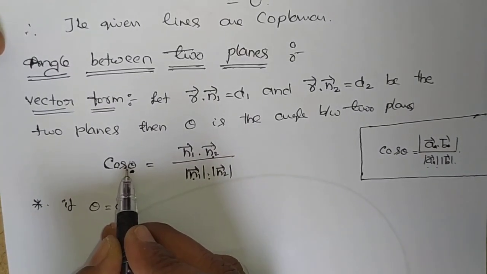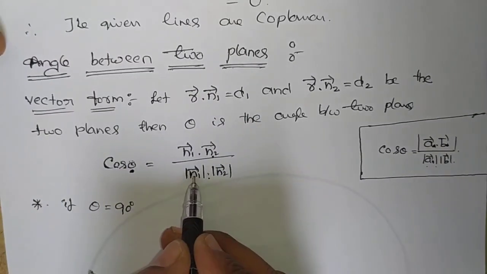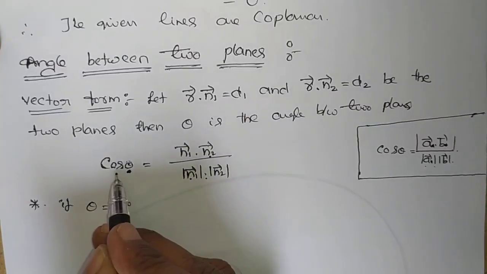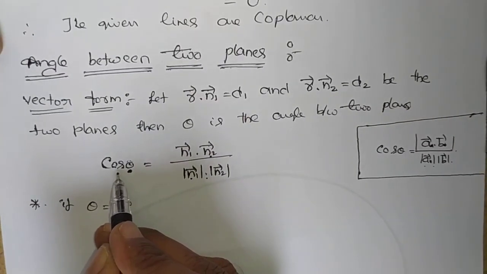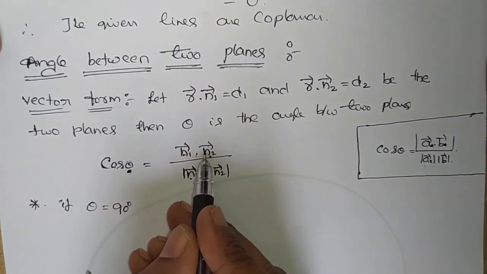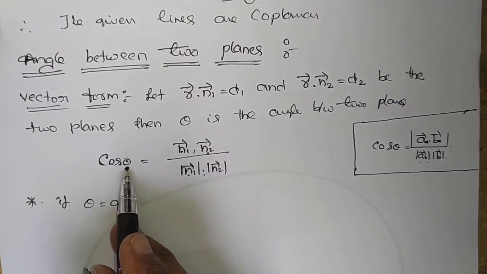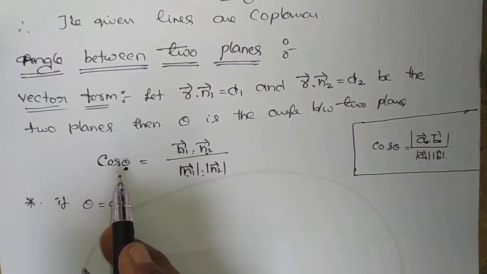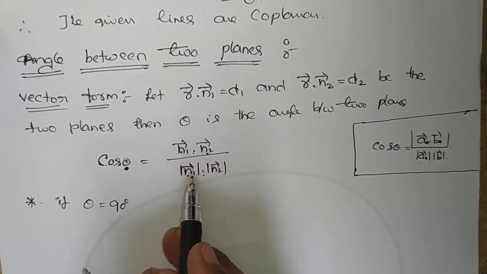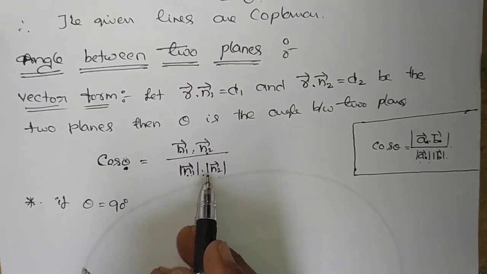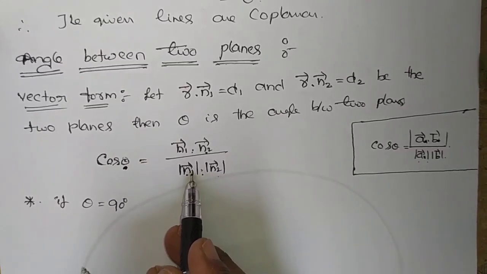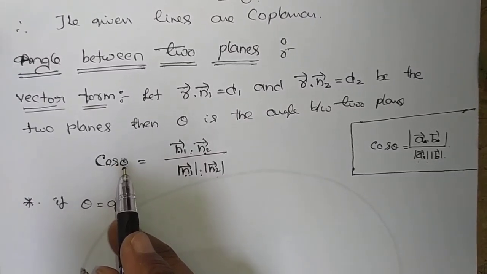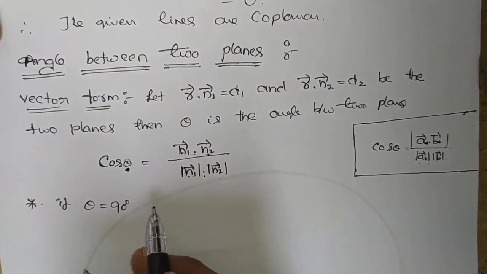Cos 90 is 0. In the denominator we have magnitude n1 and magnitude n2; if we send them to the left side, we get 0. Hence, finally we get n1 dot n2 equals 0.